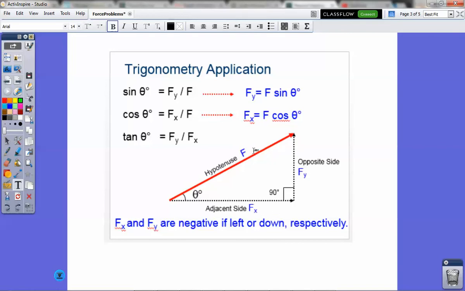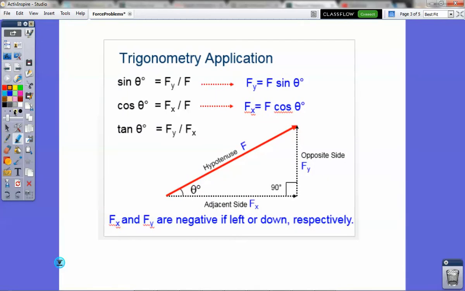So if I wanted to set up a trig ratio, I can set up the following. If I have this as my reference angle, and I want to use sine, I can say the sine of this reference angle is equal to the opposite side over the hypotenuse, right?